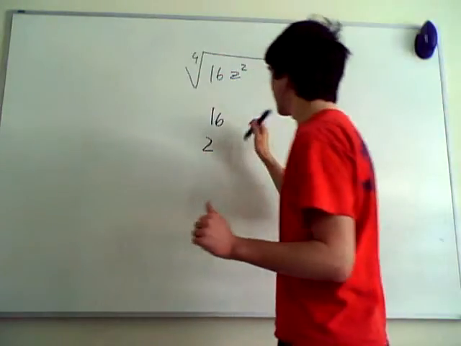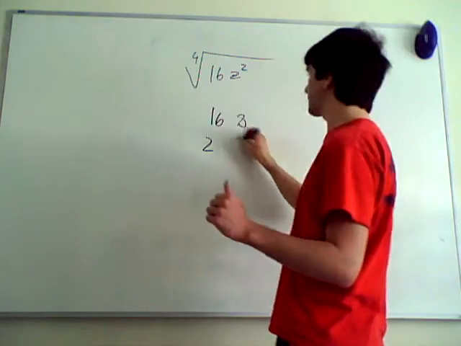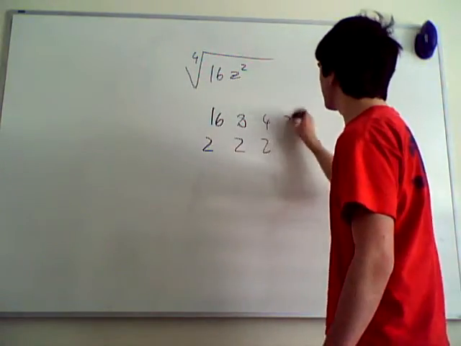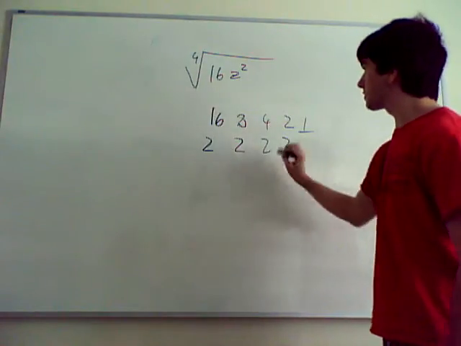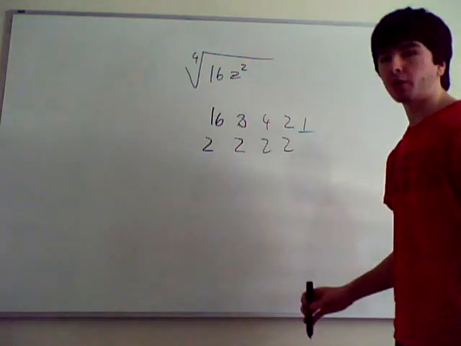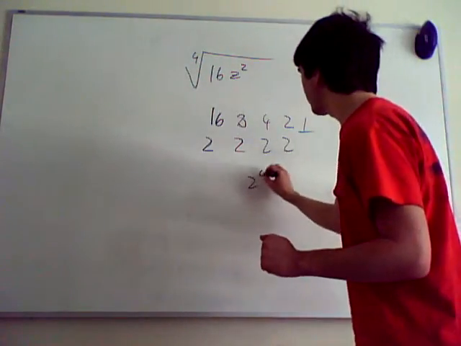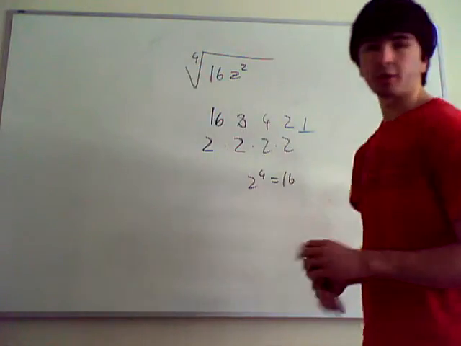So 2, and divided by 2, that becomes 8. The smallest factor of that is also 2. That divided is 4, 2, 2, 2, 1. Once you reach 1, you're done. So the factors that make up 16 are four 2s. That means 2 to the 4th, 2 times 2 times 2 times 2, equals 16.